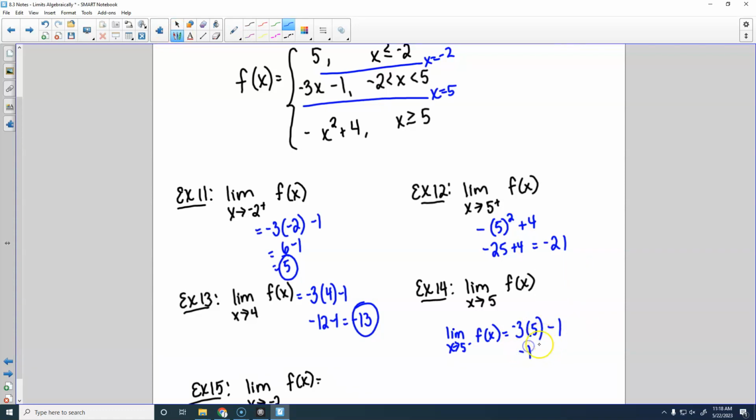That is going to be negative 15 minus 1, which will be negative 16. Now that's from the left. What was my limit from the right? Negative 21. Do those match? No. So that would mean the limit from both sides does not exist. The limit does not exist.